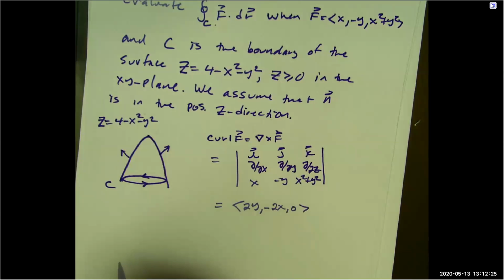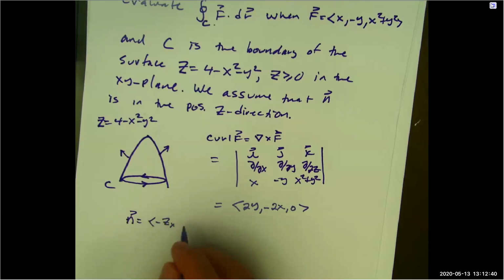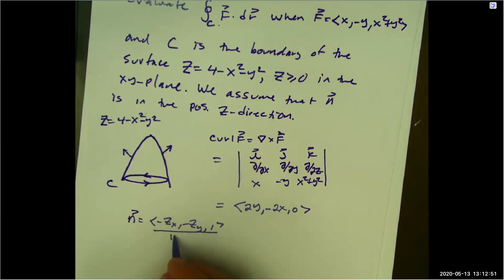And then if we look at our n, we're going to remember that n is going to be equal to minus zx, minus zy, and then 1 divided by its magnitude. But remember that the magnitude part cancels out.